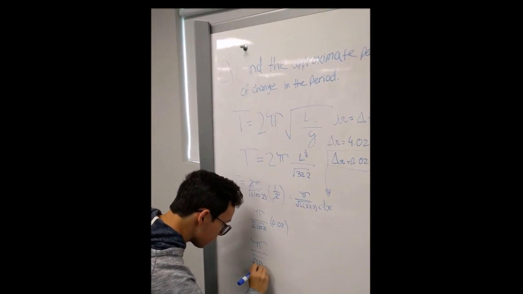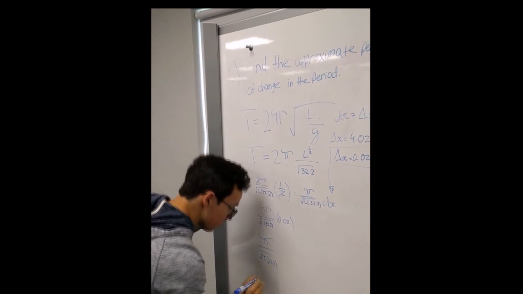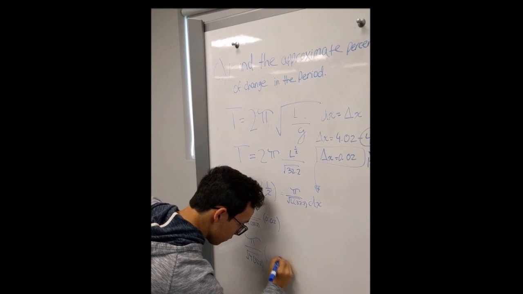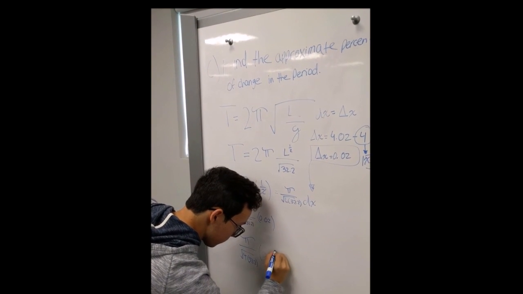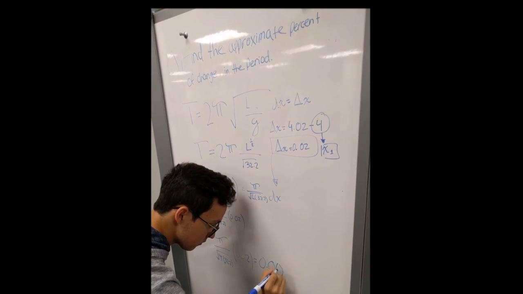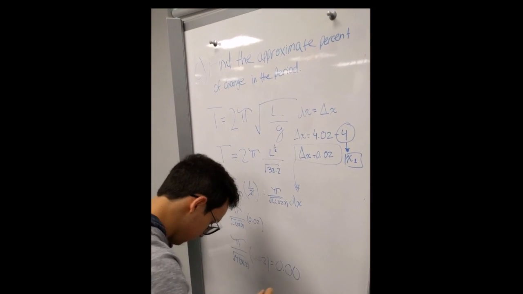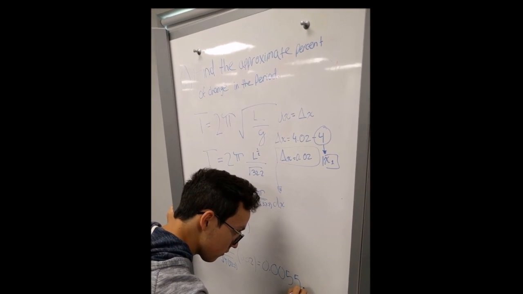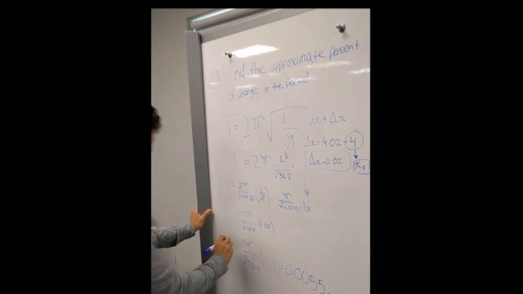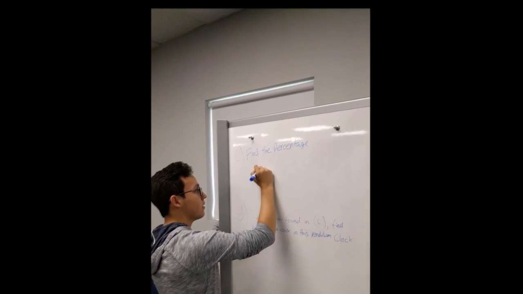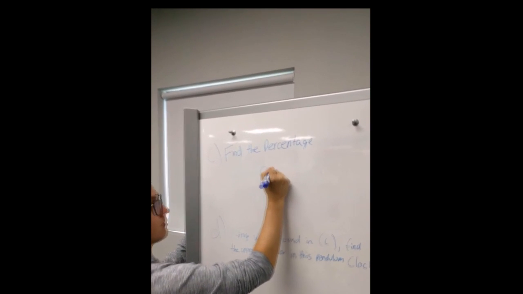So now we plug in the values of length, which is 4, and gravity, which in feet is 32.2 feet per second squared, and multiply by dx, which is 0.02. This should give us the approximation by differentiating. In the end, this method gives us a result of 0.0055 seconds.